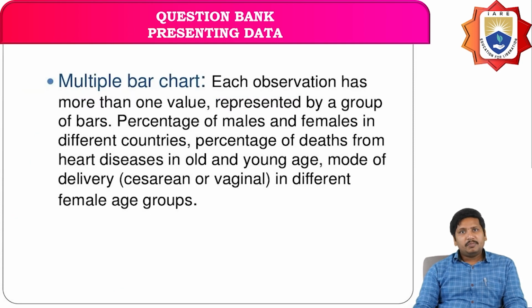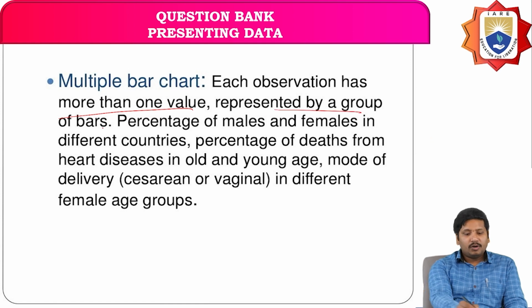The next one is the multiple bar chart. This is used when the observations are more than one, and they should be represented by groups of bars. For example, the presentation of males and females in different countries, percentage of deaths from heart diseases in old and young, and mode of delivery in different female age groups.